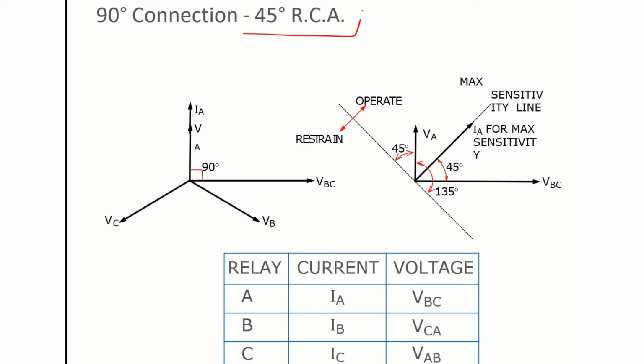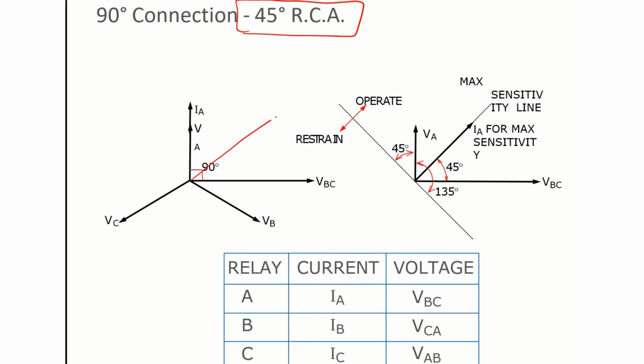Now again see here, minus 45-degree RCA. First of all, I have to determine the 90-degree connections. I am simply considering here VA, VB, VC, and we know that VBC will be at 90 degree with respect to VA. And now minus 45. Again, at this point, we don't know what minus 45 is.